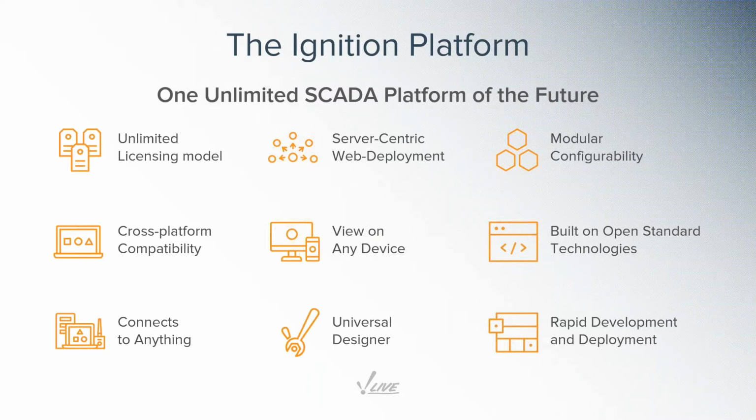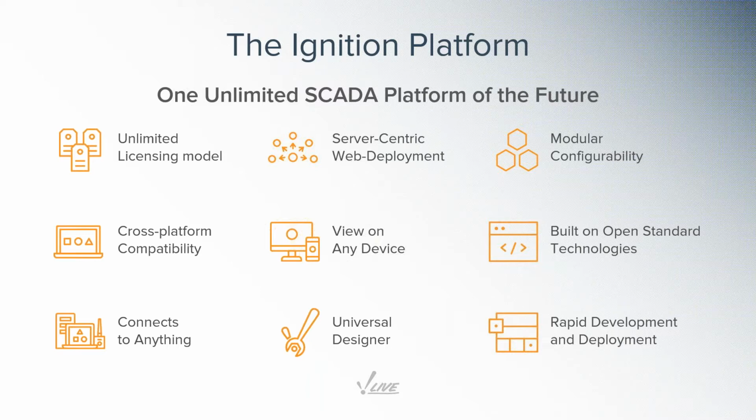Ignition is fully cross-platform, can run on any flavor of Windows, Linux, or Mac, and is built on open standard technologies so that we don't lock you into anything proprietary. We allow you to put data into databases or get that data to other systems easily, integrate with other systems, and also use modern technologies, especially from the IT realm.